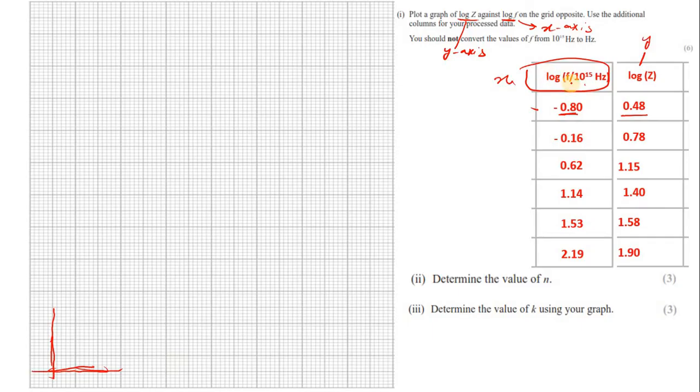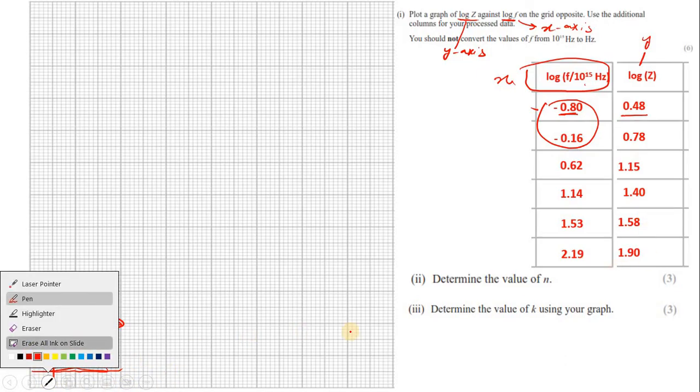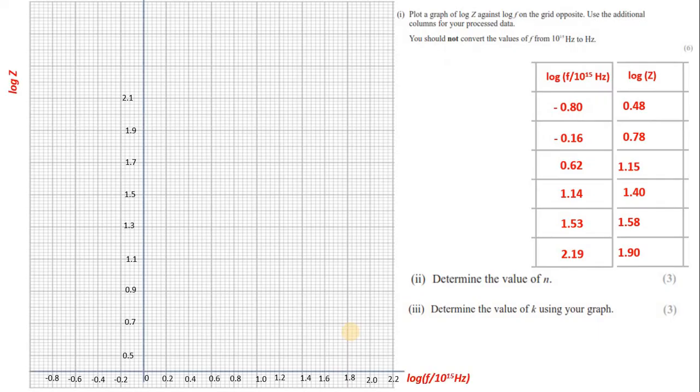Because of the negative values, we need to shift the origin slightly to the right side, because I need negative numbers on the left side of the origin. That's why this y-axis should be shifted towards the right, and we do not have any negative y value, so of course the x-axis can be at the bottom. So now that's how you see the origin and the plot.